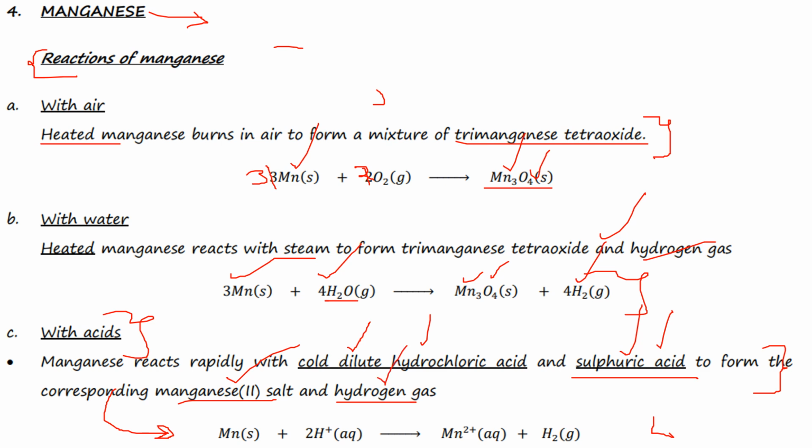Now I told you that whenever you're presenting your statements, you make sure that you don't include the color of the compounds or products formed anywhere, unless you are asked for observation. But if you're writing equations, do not write the color anywhere. You just name the products that are going to be formed. So manganese reacts with dilute acids or non-oxidizing acids to give us manganese 2 salts together with hydrogen gas, and that was the required equation.